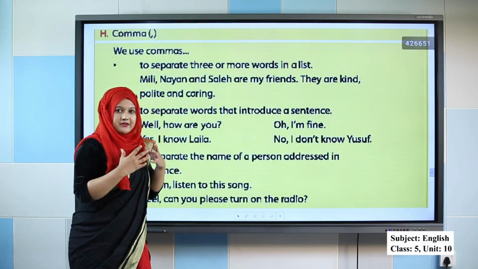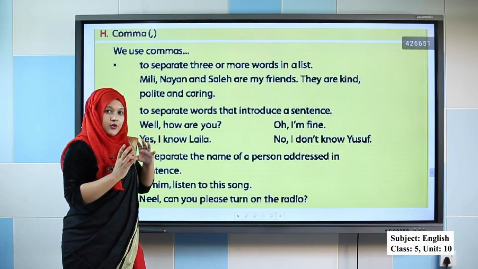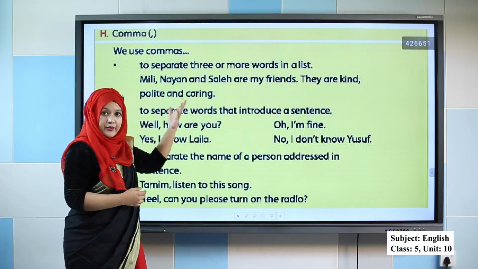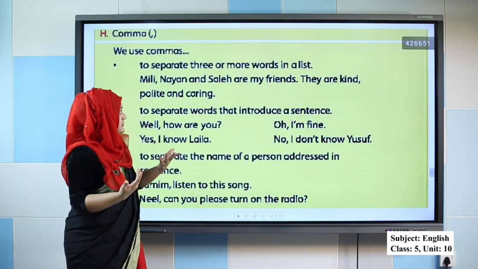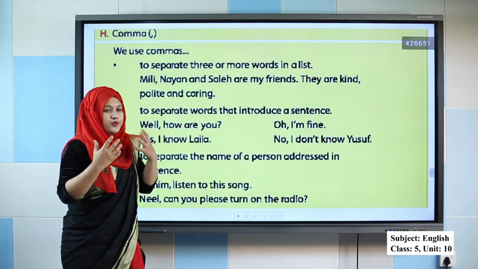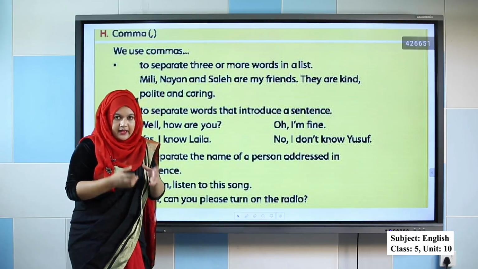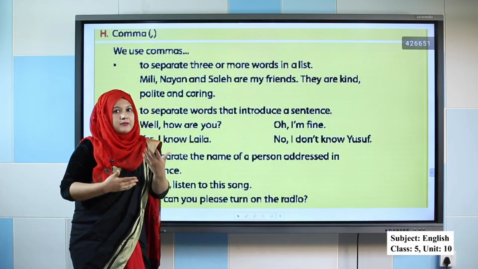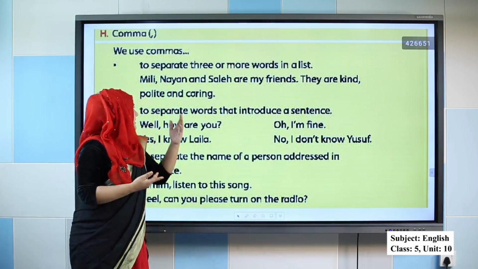I hope you can recall that we use commas to separate three or more words in a list. If we have more than 3 words, how do we separate them? We use comma, is it?